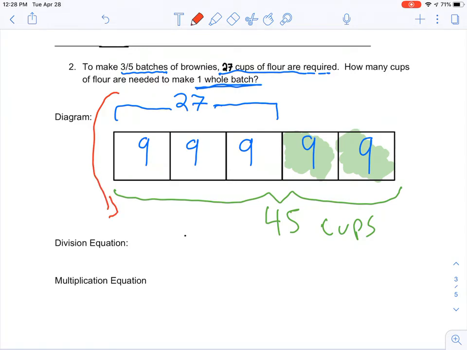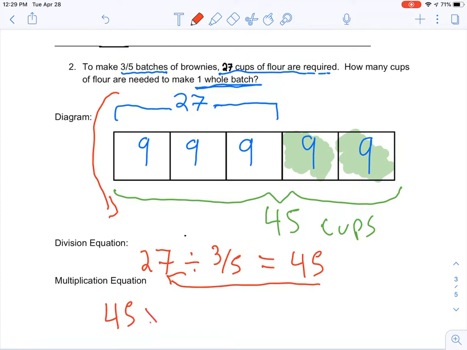So that means 27 divided by 3/5, because as you can see, it's 3 out of 5, right? Equals 45. And for multiplication, we go inverse, and that means we have 45 times 3/5 equals 27.